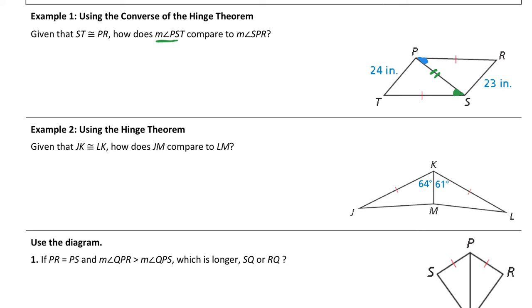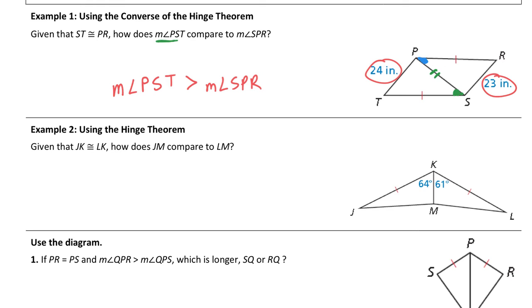So that means the measure of angle PST is greater than the measure of angle SPR, because the segment that PST makes is longer than the segment that SPR makes. So since PT is greater than RS, PST is greater than SPR.